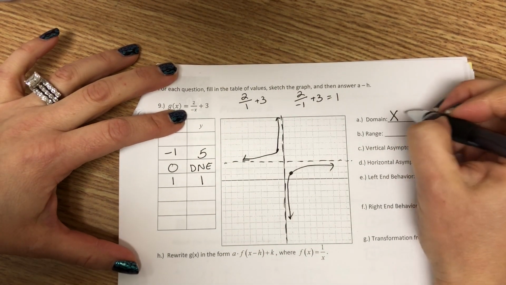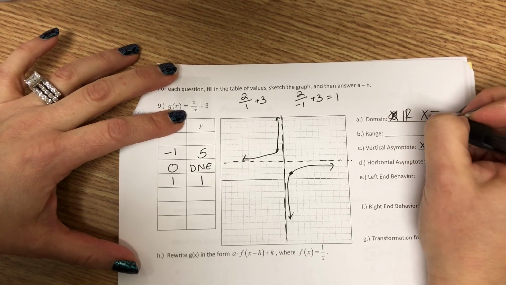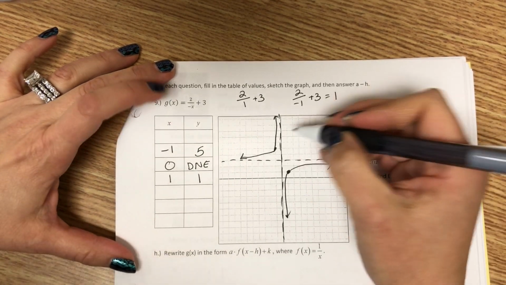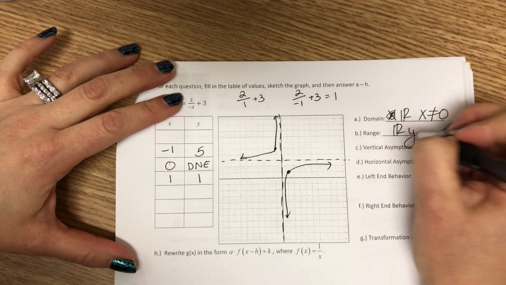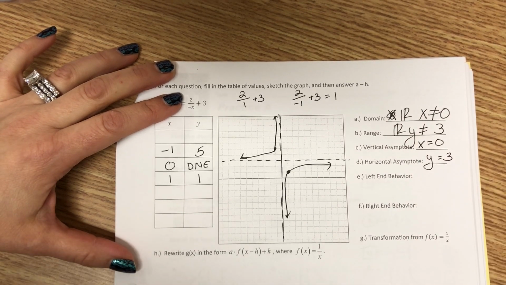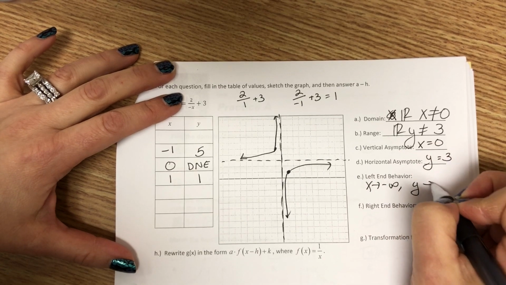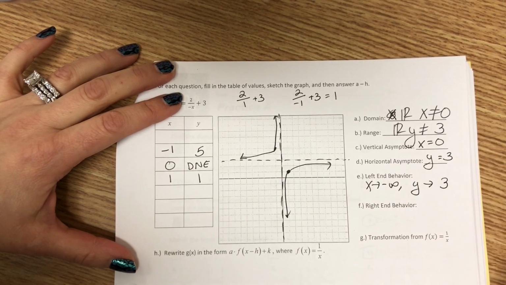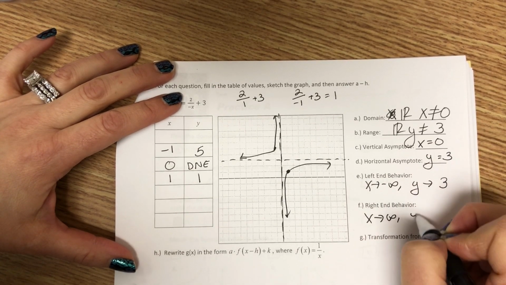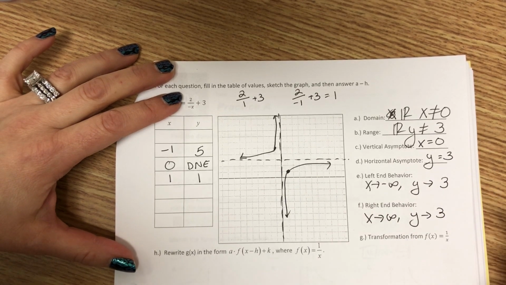So the domain is all reals, but x cannot be 0. The range is all reals, y cannot be 3. As x goes to negative infinity, y goes to 3. As x goes to infinity, y goes to 3.